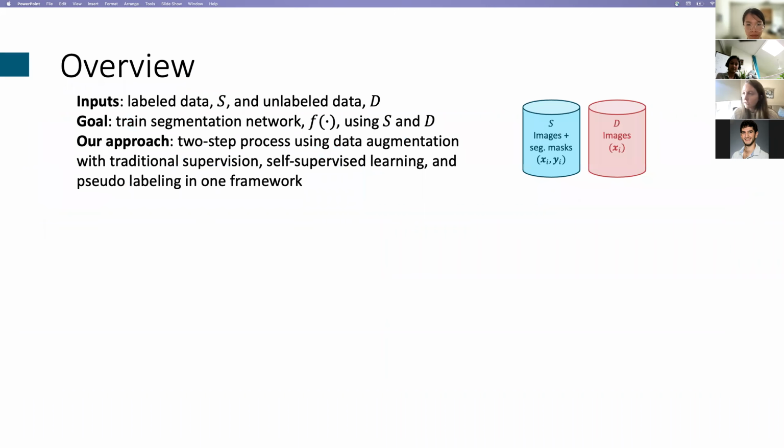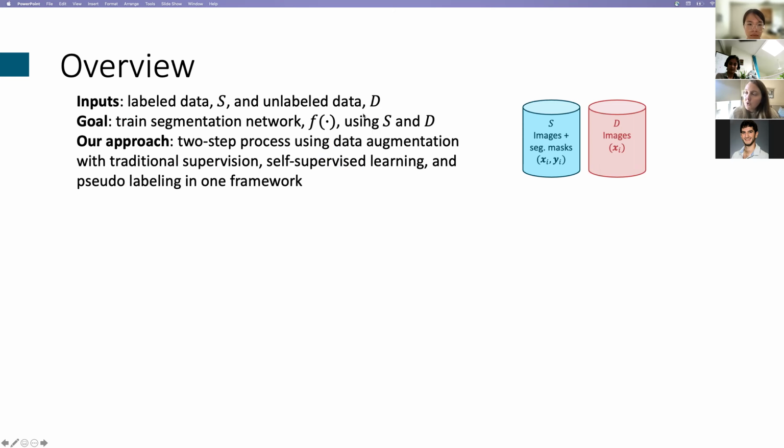First, to give the setting: we do require access to some amount of labeled data. I'm going to call that labeled data set S. This labeled data set has pairs of images and segmentation masks, or X and Y, that were labeled by an expert, but ideally, from the user point of view, it can be pretty small, something like 10 patients of labeled data.